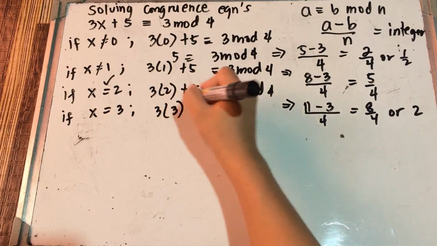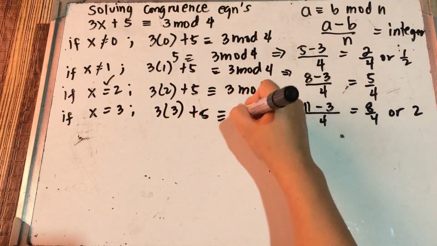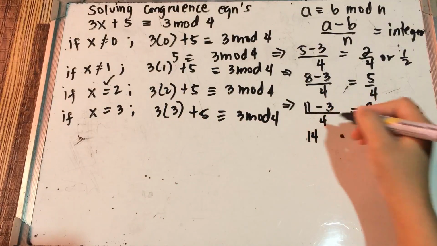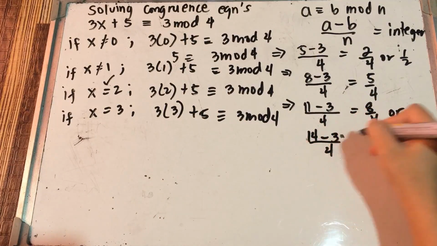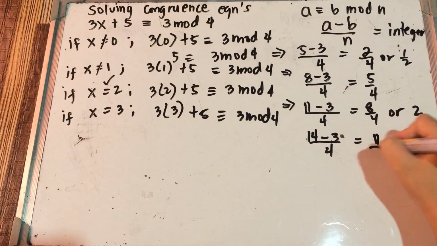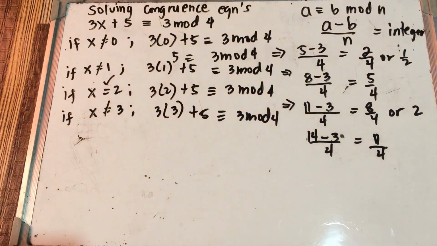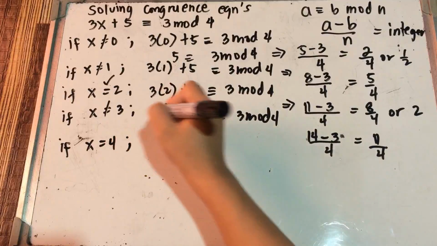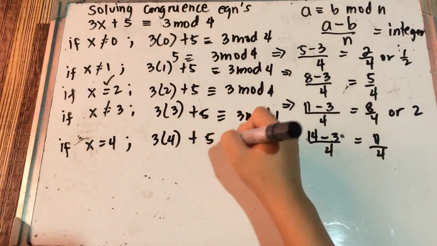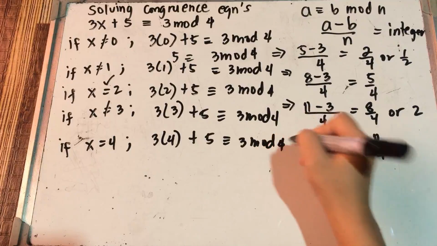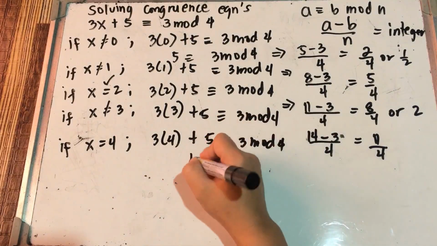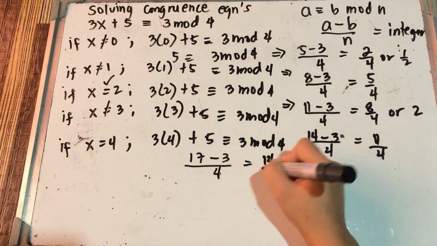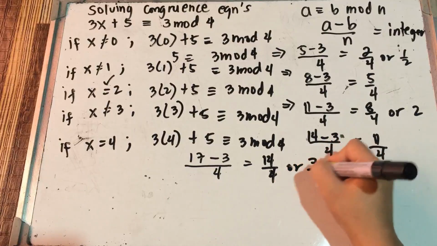So, 3 times 3 plus 5 congruent to 3 modulo 4. We have 9 plus 5, 14 minus 3 over 4, so 11 over 4. Hindi rin siya solution since it is not an integer. x equal to 4: 3 times 4 plus 5 congruent to 3 modulo 4. We have 12 plus 5, 17 minus 3 over 4, so 14 over 4 or 7 over 2.